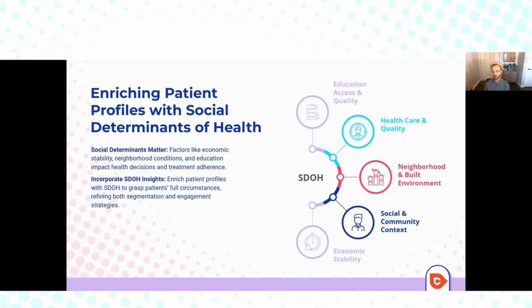The way this comes into play from a marketing perspective is, number one, you're enriching your patient profile. First of all, we looked at the claims data, and you're targeting the people with the right diagnosis and the right insurance. But now you're also contextualizing this and enriching that profile with more qualitative factors that you didn't know before, the specific barriers that they're facing.